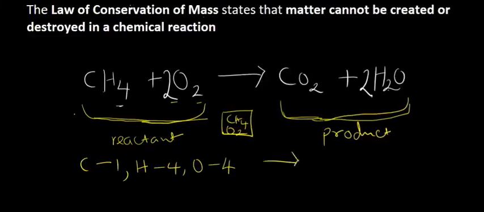Now let's look at the product side. How many number of carbon? So only this. So 1 atom. Hydrogen, 2 multiplying 2. So hydrogen on the product side is 4.